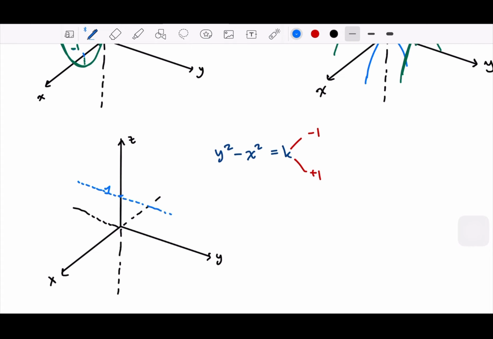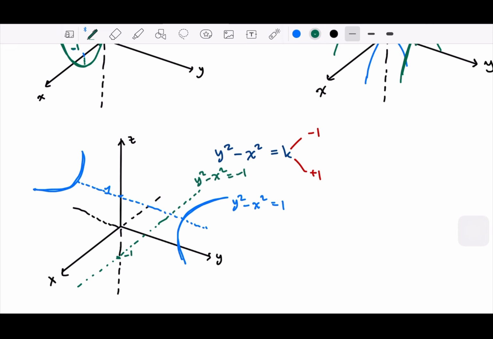Okay, now if we take z equal 1, we can make out the hyperbola because it's on y² minus x² equal 1. So this will be a top-down hyperbola. You can confirm all these drawings if you look from the xy plane. You can look from the top and see how it looks. And the second one, we draw the second hyperbola for -1. This is the left-right one, x² minus y² equal 1, or y² minus x² equal -1.